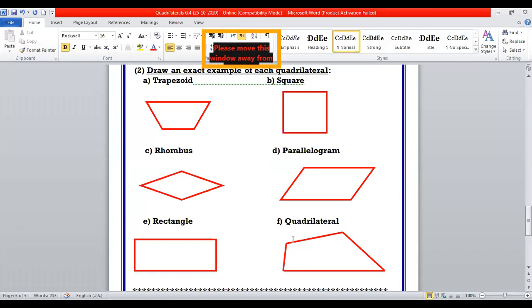Have you finished the drawing, guys? If you don't, you have the model answer in the SMS. You can check the drawing from it.